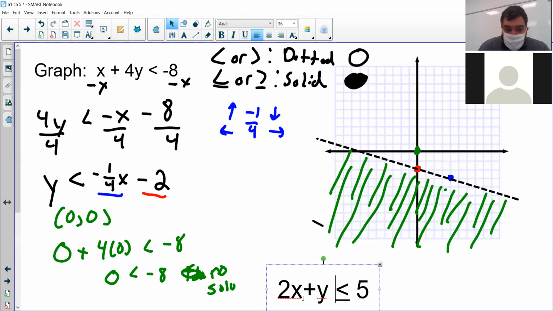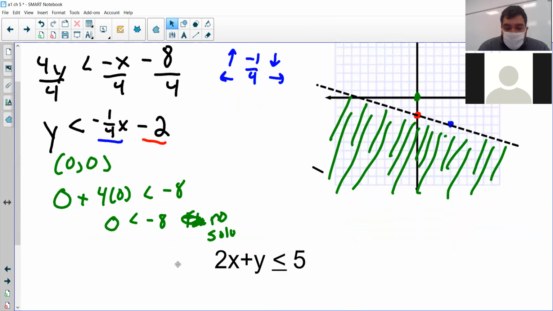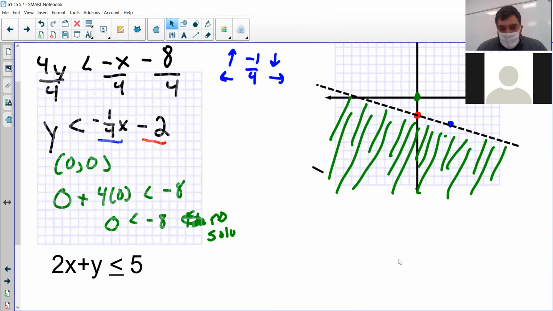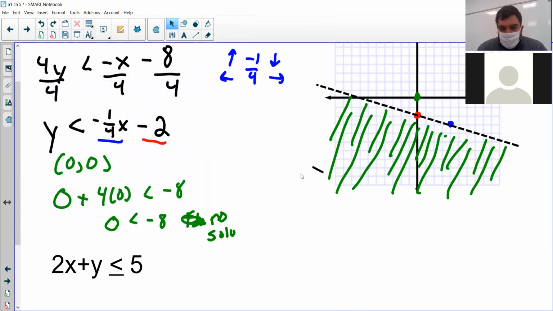Okay? Scroll down a bit. Everyone's going to try this one out. Two x plus y... You're supposed to do 2x plus y is less than 5.